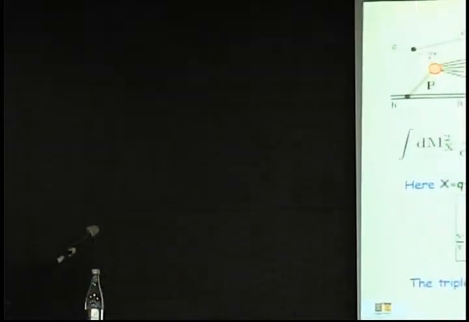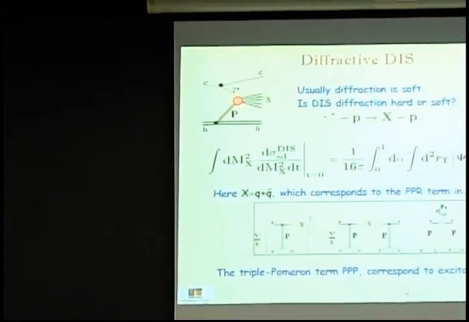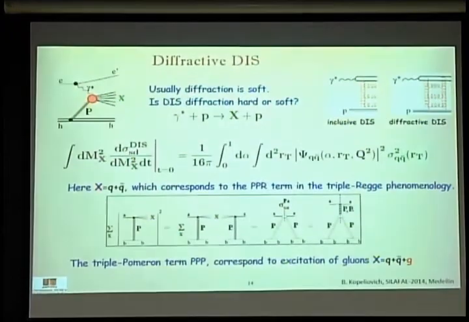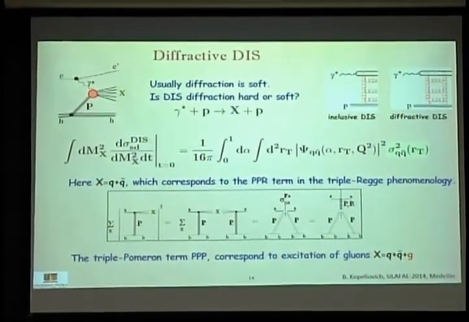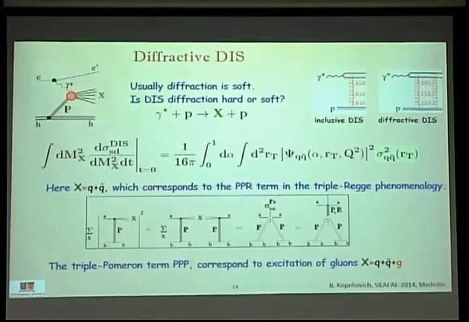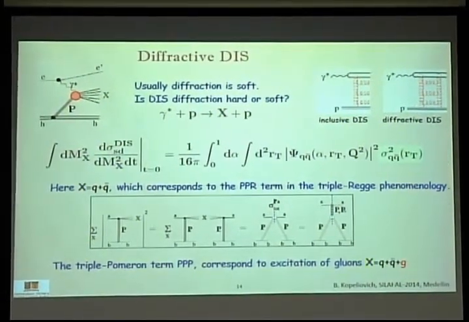In terms of quarks and gluons, you can treat it like this. This is the inclusive process where you have an inelastic collision between photon and proton. Essentially, it means color exchange with radiation of many gluons. You produce QQ bar plus lots of gluons. What is different in diffraction: instead of this colored exchange, you have colorless exchange, what is called the pomeron.